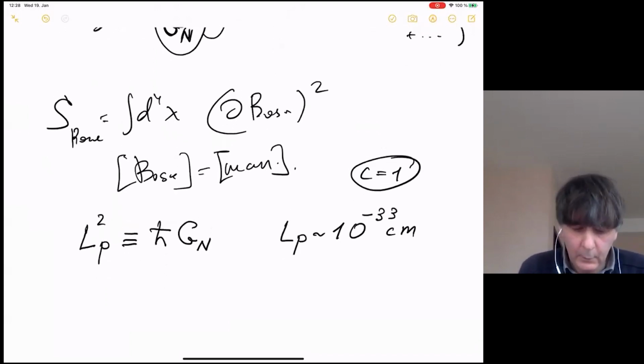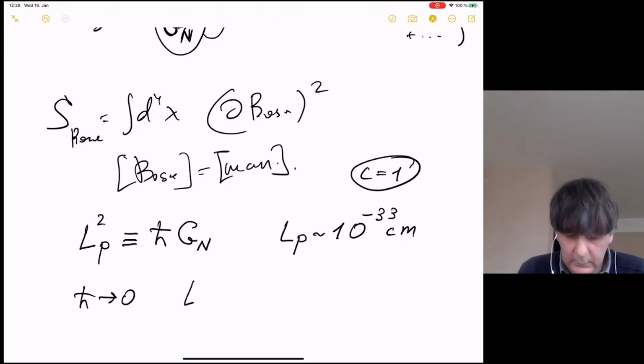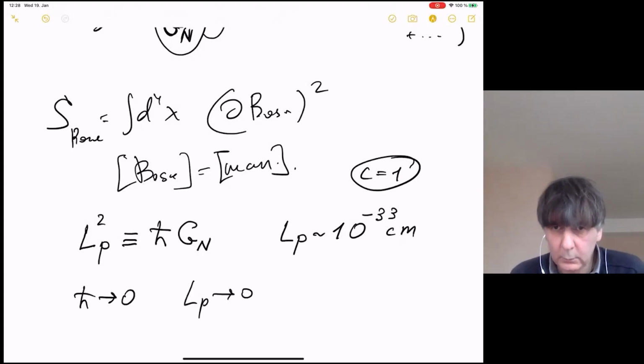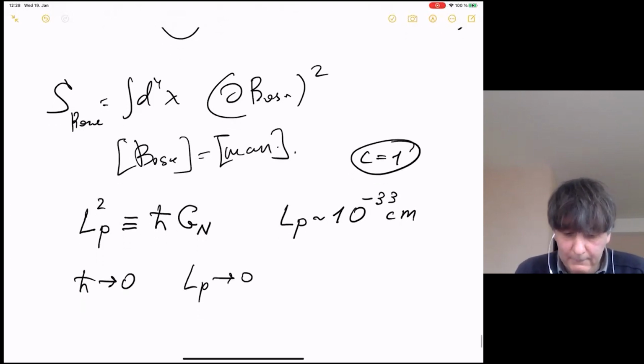Now, we'll try to understand very carefully the physical meaning of this length scale in what comes. But notice that this length scale is intrinsically quantum. What does it mean? It's quantum because if we take the limit when h bar goes to 0, the length scale goes to 0. However, the length scale can also go to 0 if we switch off gravity.